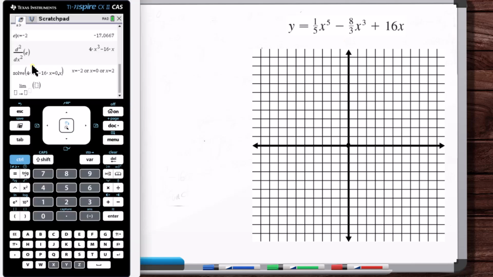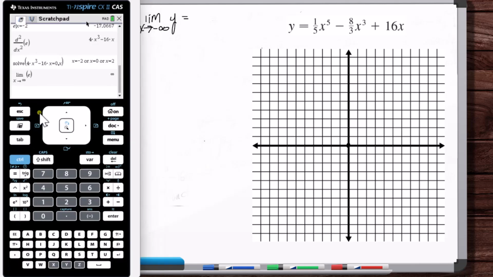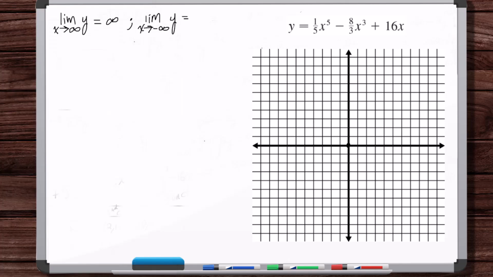So the limit as x approaches infinity of y is equal to infinity. Now the limit as x approaches minus infinity is minus infinity. So that's the endpoint behavior.